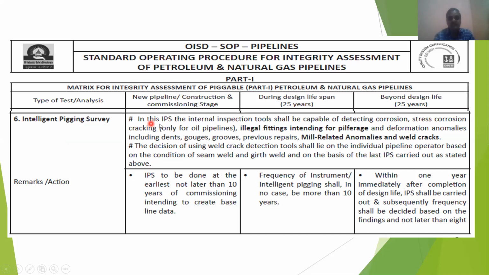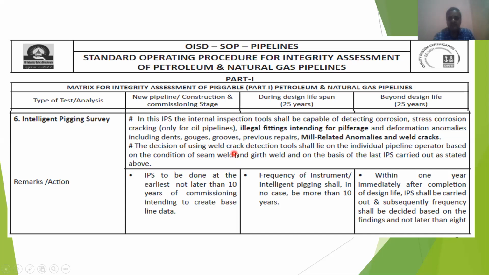In this IPS, the internal inspection tool shall be capable of detecting corrosion, stress corrosion cracking only for oil pipelines, illegal fittings intended for pilferage, and deformation anomalies including dents, gouges, grooves, previous repairs, mill related anomalies and weld cracks.